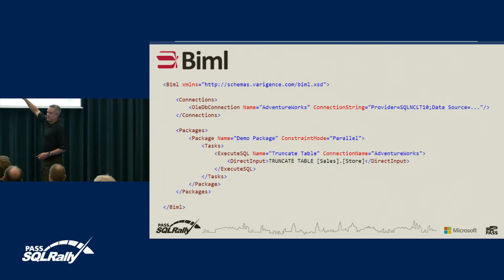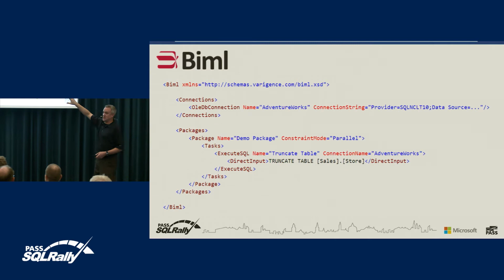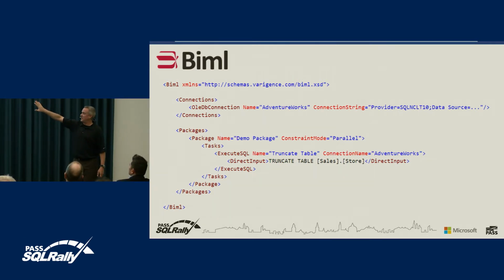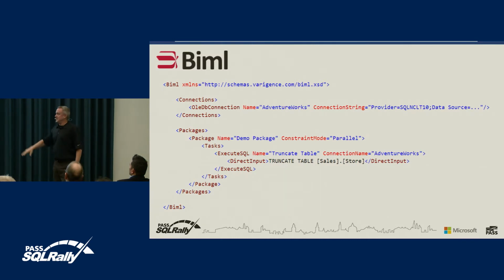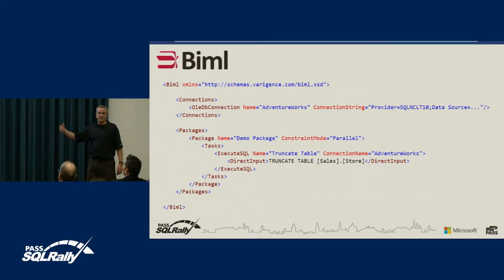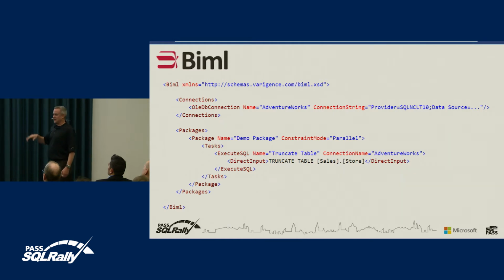I've also created this package and then looked at the DTSX, and it's a lot more complicated because there's a lot of formatting things and you just can't see that. That's what makes Biml nice, is I can follow through this pretty easily, and it makes adding Biml Script to it, which is what I can add to automate Biml, a little nicer, and you can kind of see what's going on.